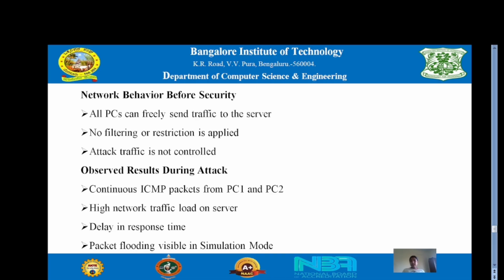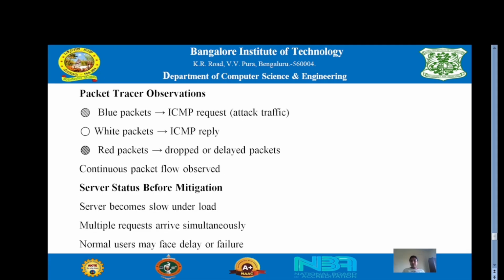Before applying the ACL, all PCs can communicate with the server. Attack traffic is not filtered, and the server receives requests from attackers and legitimate users. As the traffic increases, response time becomes slower and the network congestion is clearly visible. After observing the simulation, the server becomes slow due to excessive requests and packet delay increases.